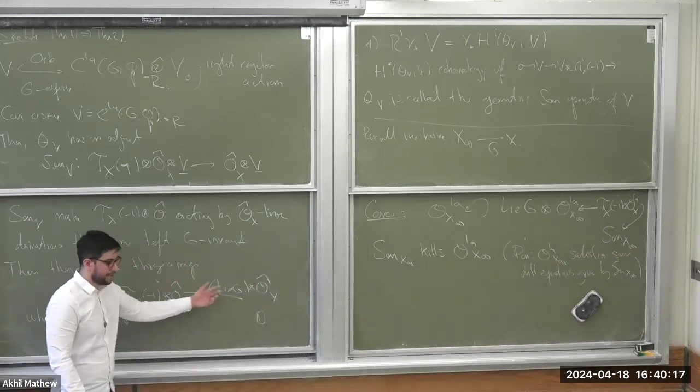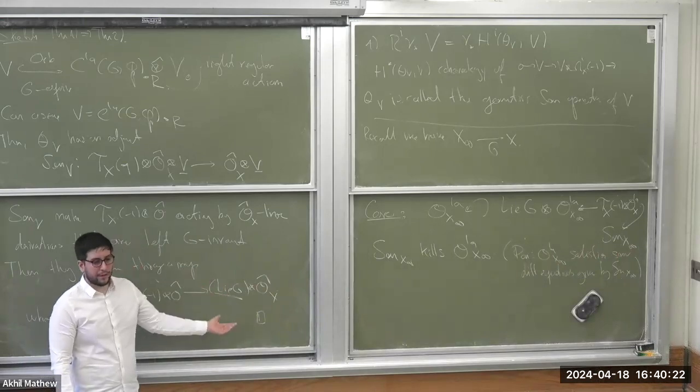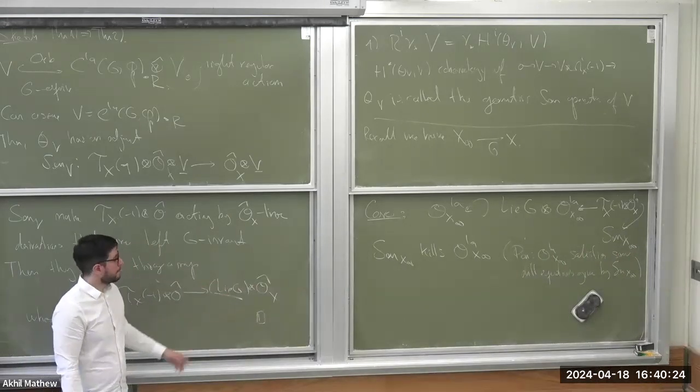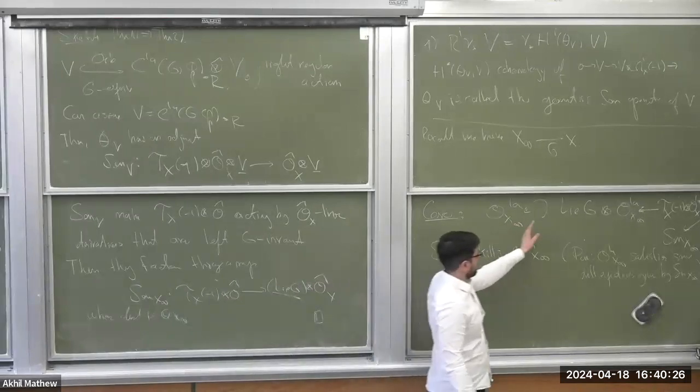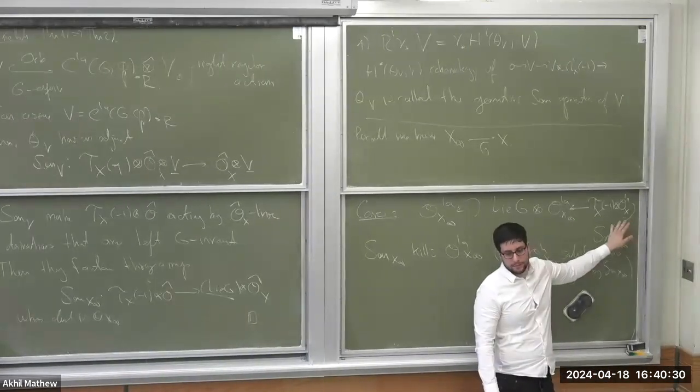And here I'm taking the whole half and claim that this map already exists. And it's saying that this one is acting by derivations, and that this space is going to act trivially from here.